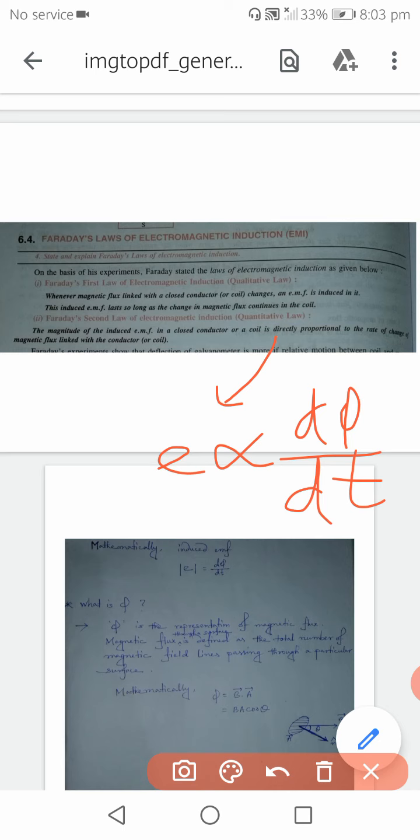Now, I already told you about flux, but mathematically this magnetic flux phi is written as B dot A. B means magnetic field intensity and A is the area through which the field lines are passing. So it is a dot product of magnetic field and area. If it is B dot A, we can write BA cos theta for the dot product.